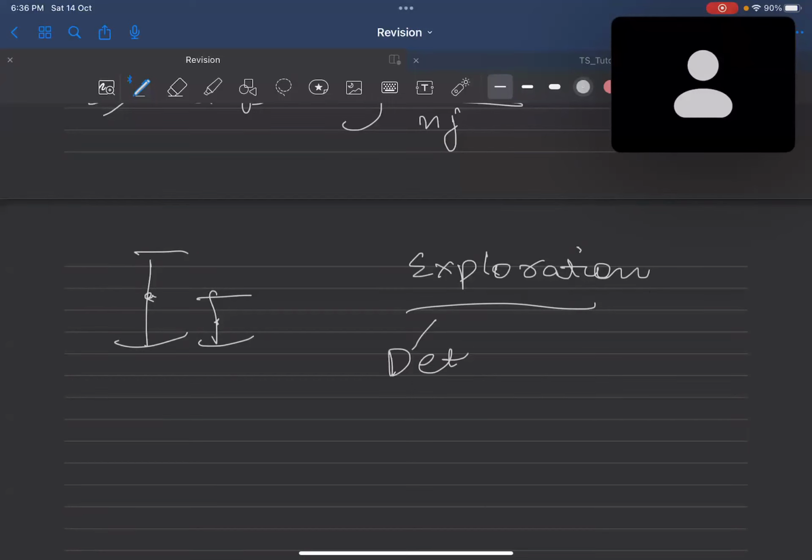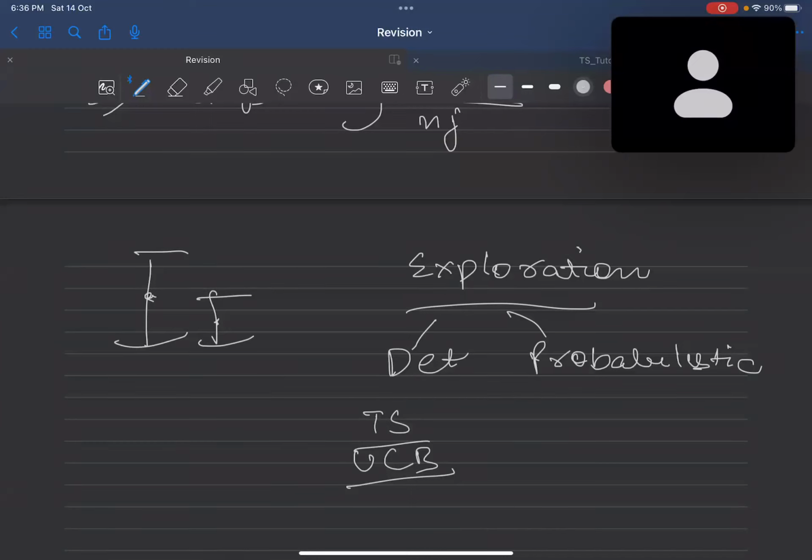In which is exploration deterministic or probabilistic, in TS and UCB? What are your views? Any rough idea? What is meant by this?